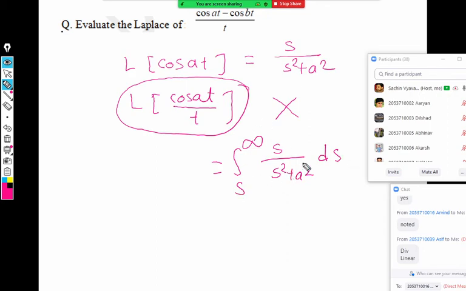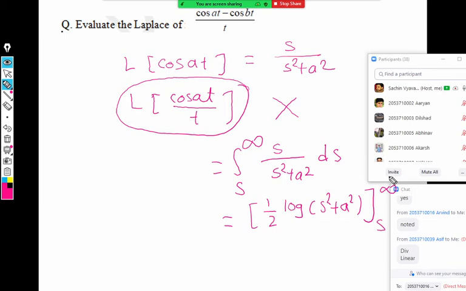What will be the integration? It is 1 by 2 log of s square plus a square, because it is in the form of f dash x upon fx, and the integral of f dash x upon fx is log fx. The limit is from s to infinity now.